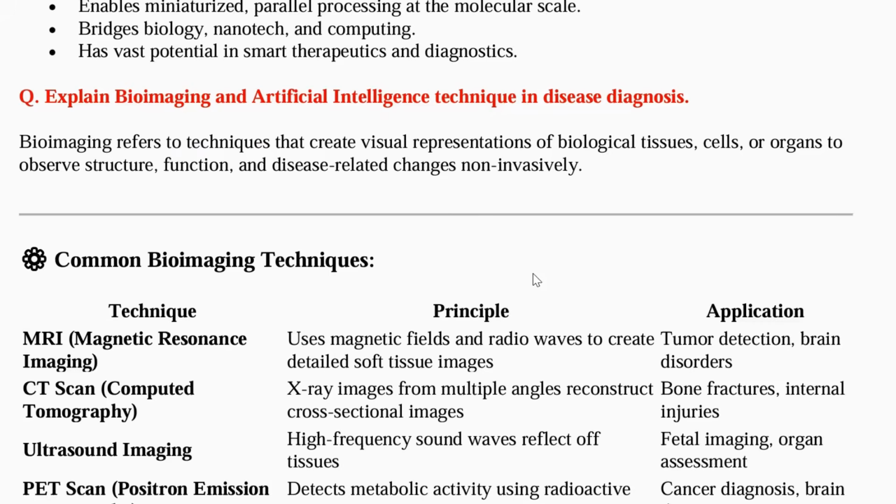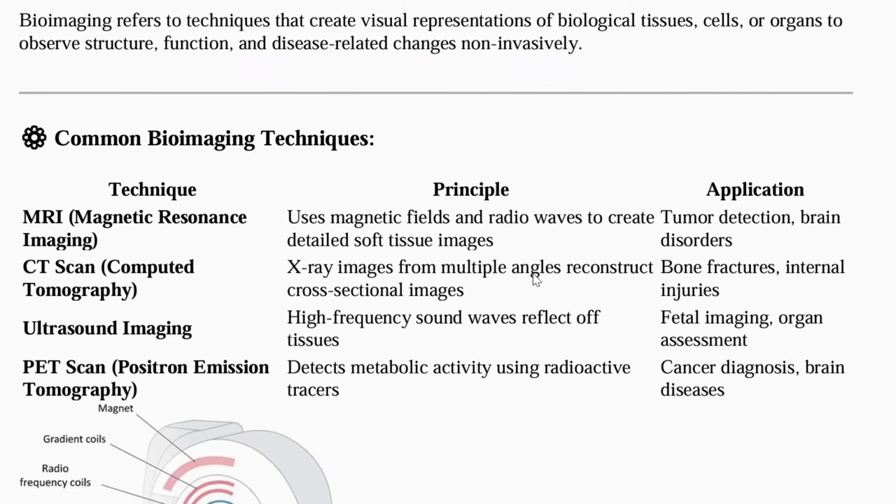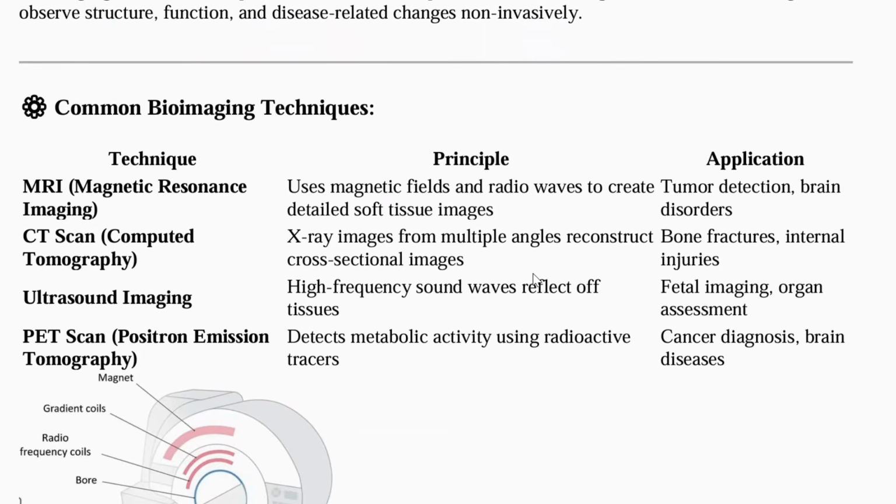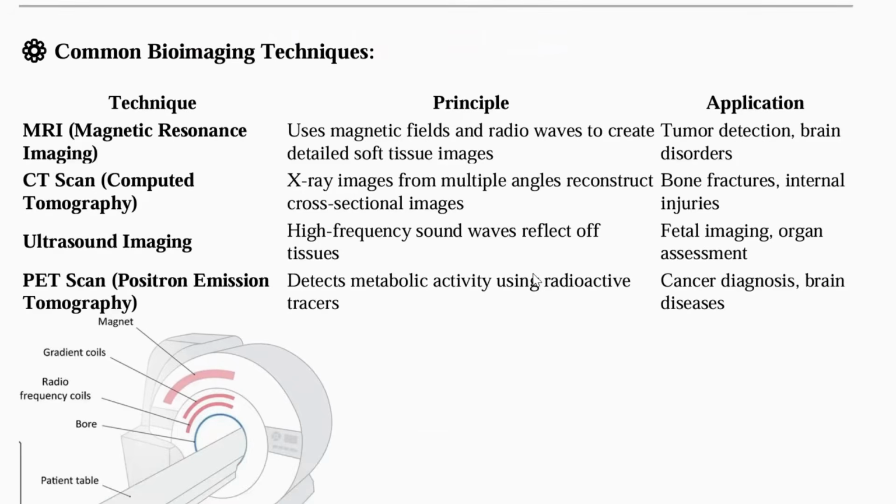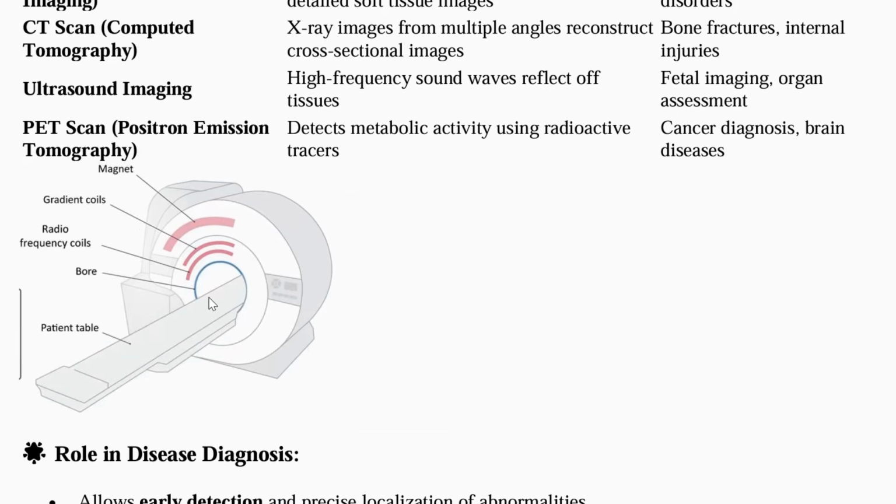CT scan, computed tomography: X-ray images from multiple angles reconstruct the cross-section, for bone fractures and internal injuries. Ultrasound imaging: high-frequency sound waves reflect off the tissues, for fetal imaging or organ assessment. PET scan: it detects metabolic activity using radioactive tracers, for cancer diagnosis and brain disease. This is the image of an MRI.